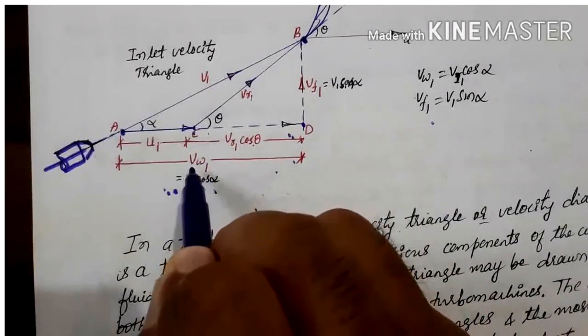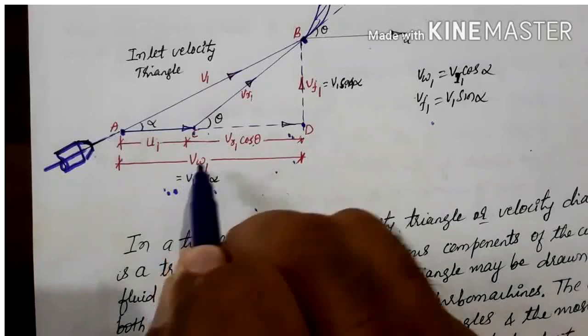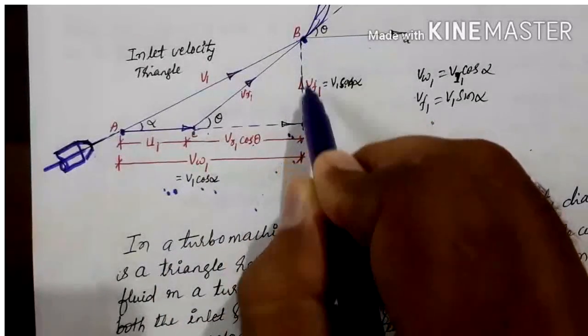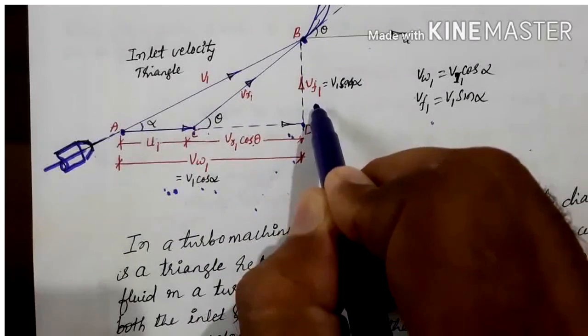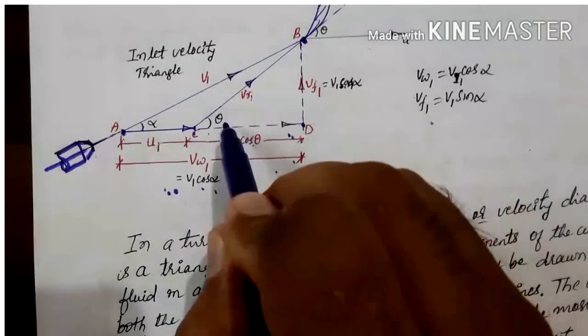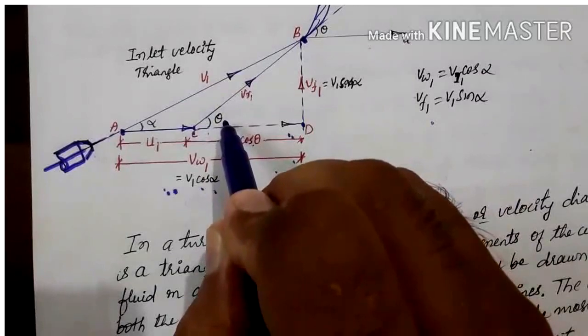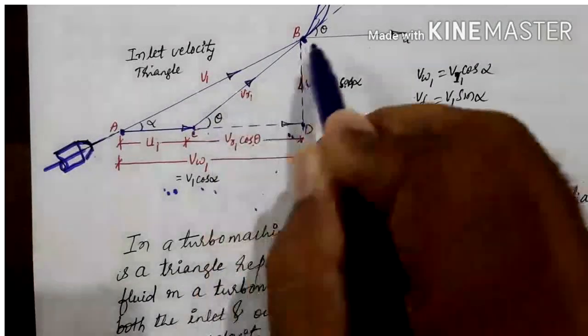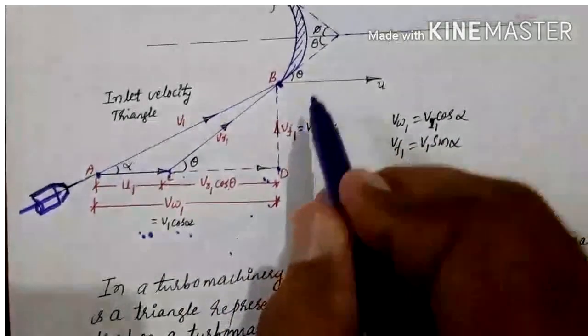This is VW1, called whirl velocity, and this is the flow velocity at inlet, Vf1. Then angle BCD is theta, that is the vane angle at inlet. This angle is equal to this angle and this angle.